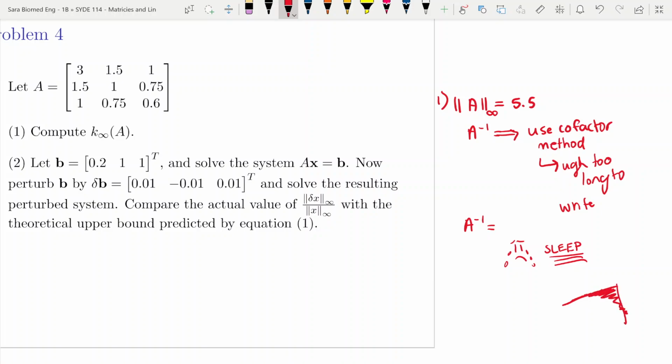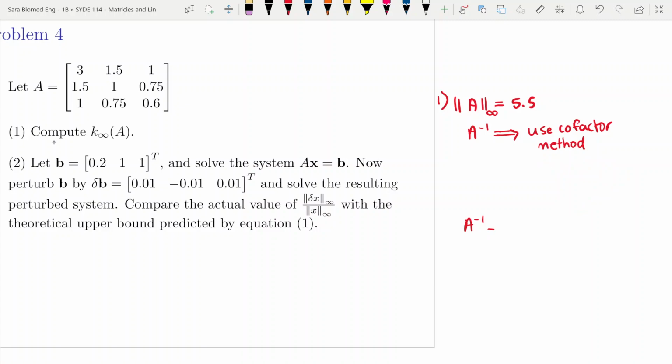Now let's move to the third one. It's 1, right? So it's 1 times 1.5, 1, 0.75. Because they're 2 by 2 matrices, we know how to compute the determinant now.